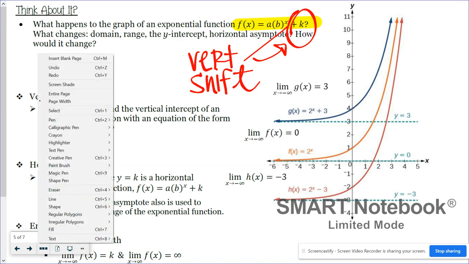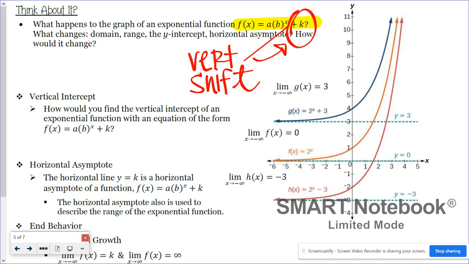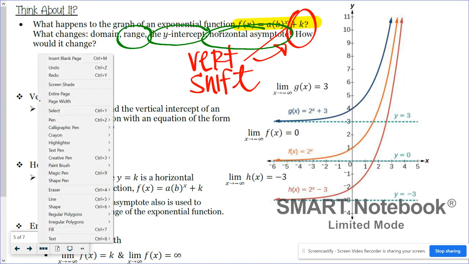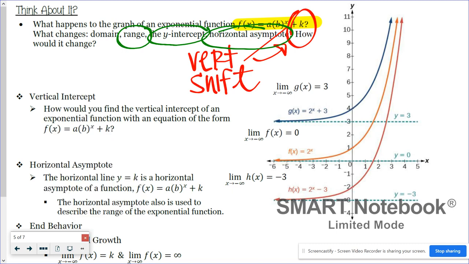The domain is all real numbers, so moving the graph up or down isn't really going to change anything. The range would definitely change because the range is a y value, so it's definitely going to be affected by a vertical shift. Same with the y-intercept, same with the horizontal asymptote. In fact, this diagram here is illustrating the effect of k.